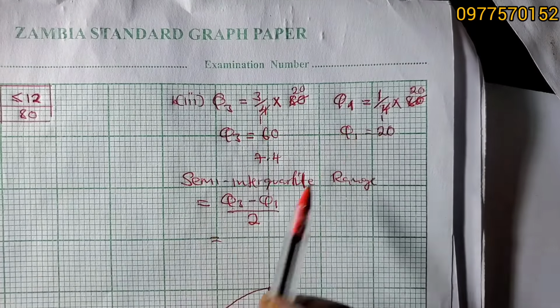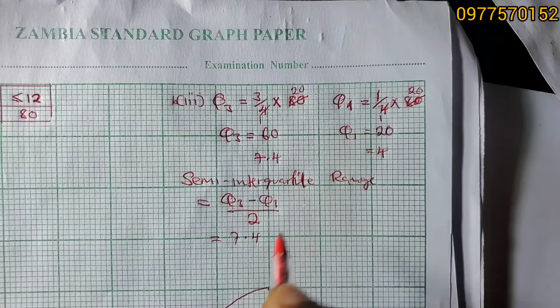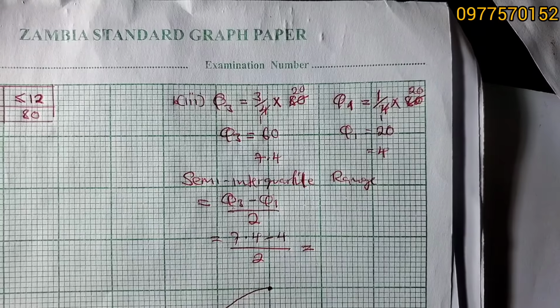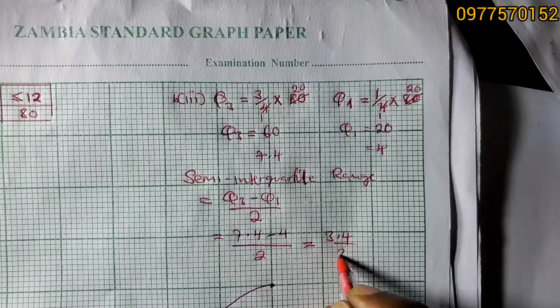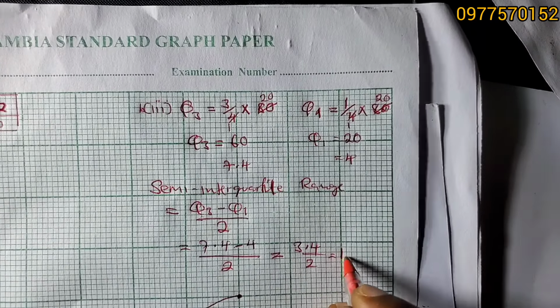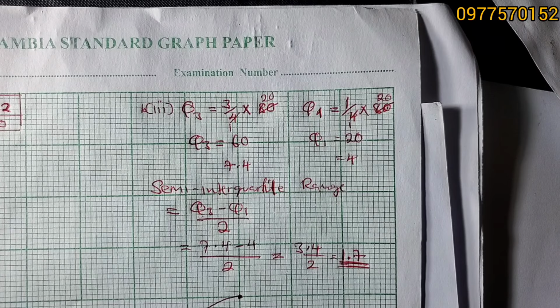We're not using the 60 and the 20, we're using the 7.4 and the 4 we found. So 7.4 minus 4 over 2. 7.4 minus 4 is 3.4. 3.4 divided by 2 is 1.7. So the semi-interquartile range is 1.7.